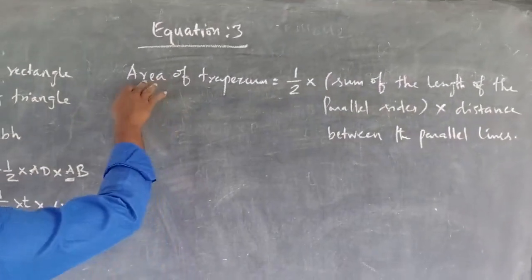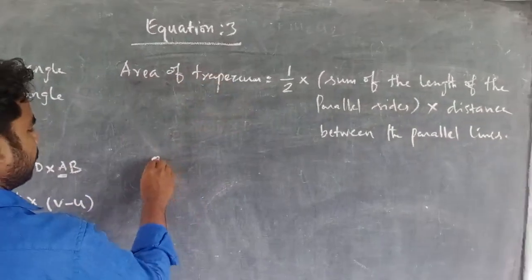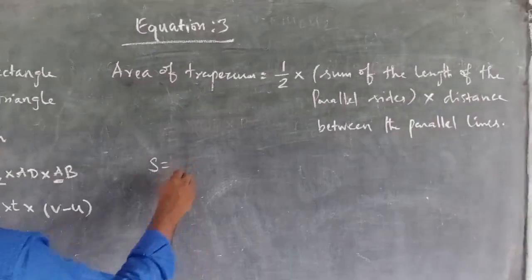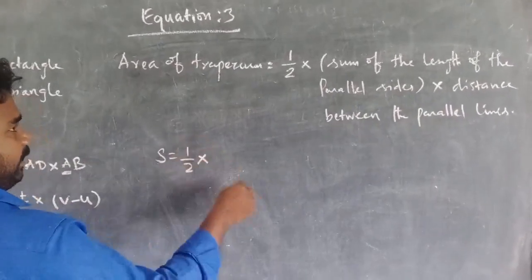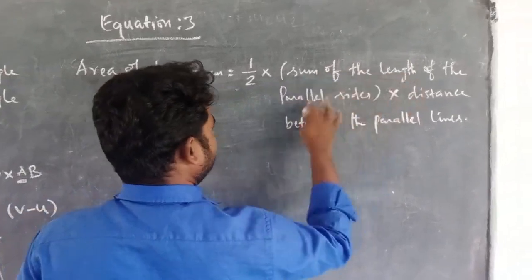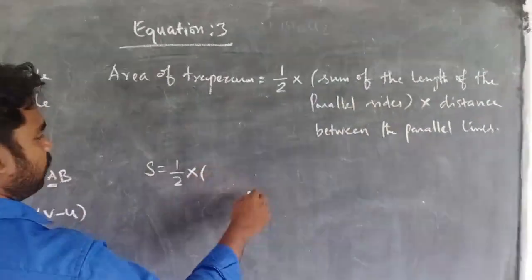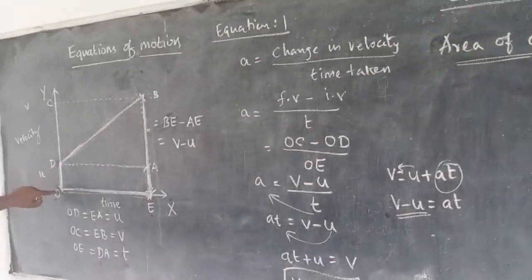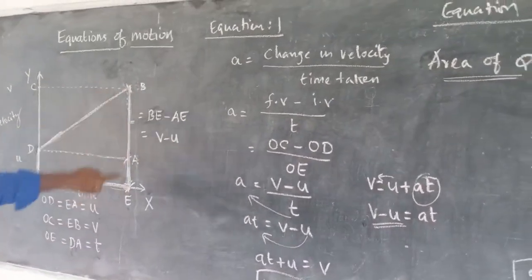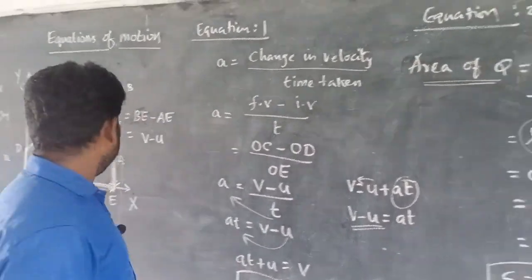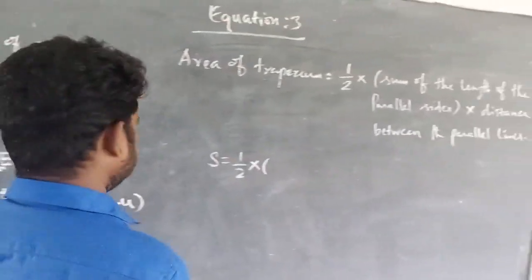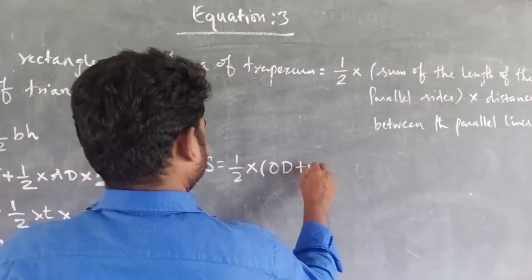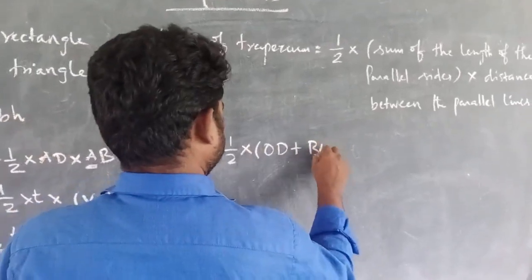If you find the area of trapezium, it gives the distance covered by the object. So it is denoted by S. Then 1 by 2 is here. Then we have to find the sum of the length of the parallel sides. What is the sum of the parallel sides? OD is one side, another one is EB. They are the parallel sides, and the sum of the length of the parallel sides is OD plus BE.